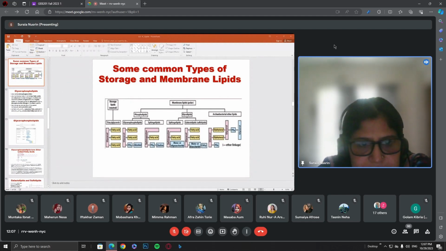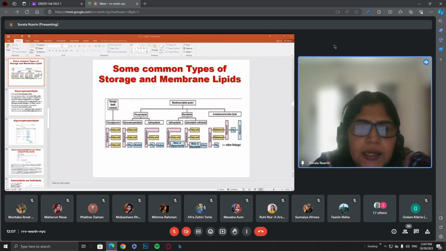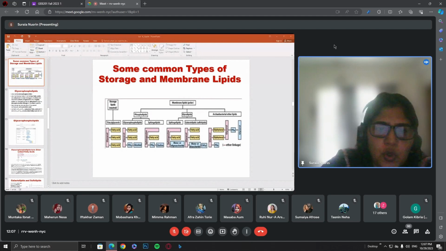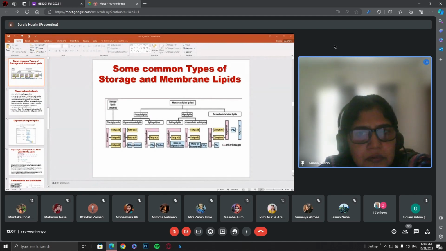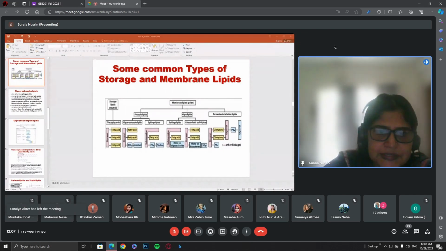Okay, phosphatidic acid. And now in the phosphatidic acid, the proton or the hydrogen can be replaced with other polar head groups. So the polar head groups can be different functional groups or different molecules such as amino acids, then sugar residues or oligosaccharides can be present.